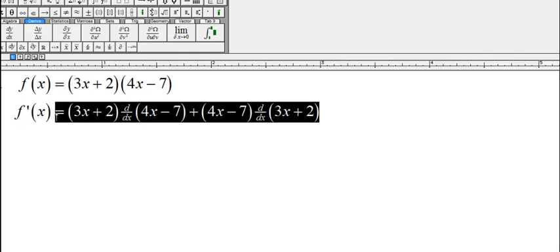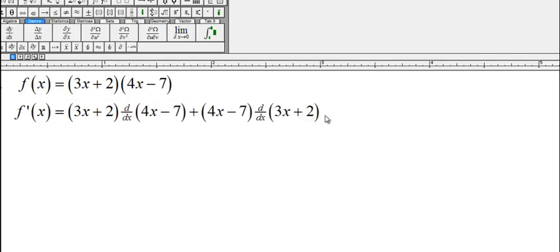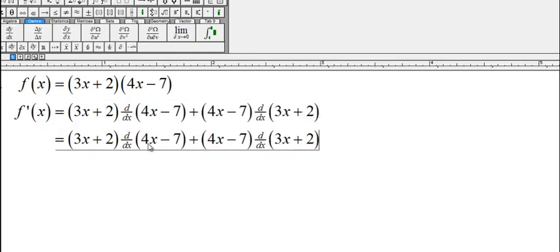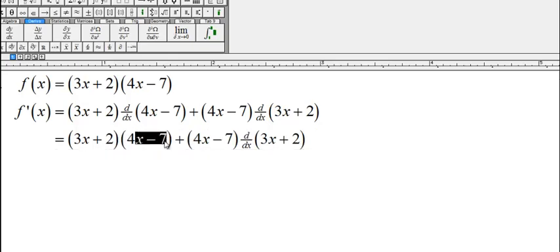Okay, so let's take that. I'm going to copy that and paste it here. Now when we take the derivative of this part, it's just 4, and when we take the derivative of this part, it's just 3.